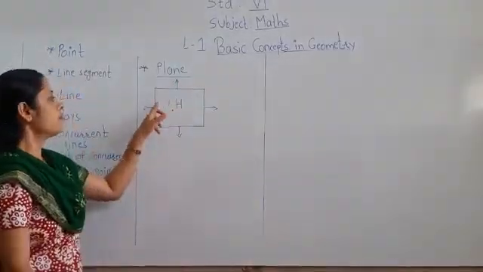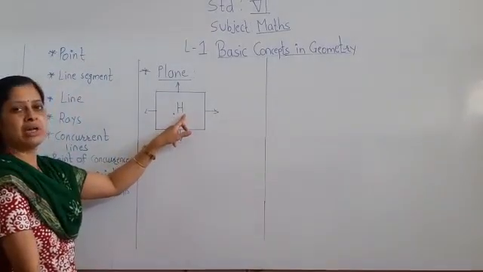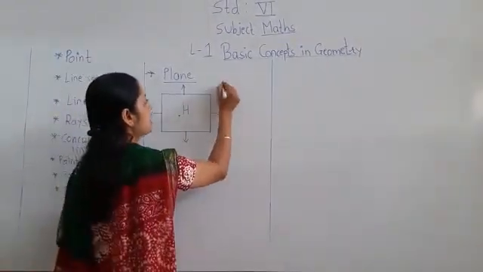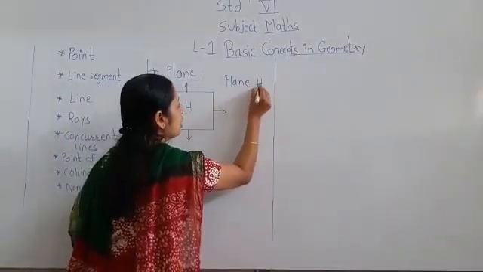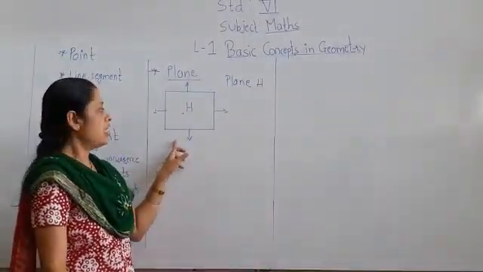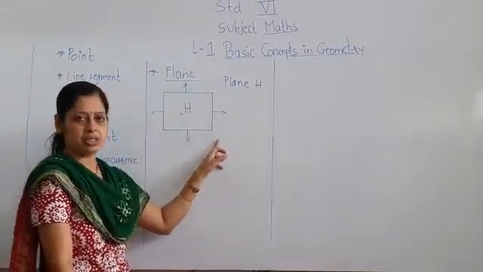This is a plane. It is named by a single capital letter H. So this is plane H. It has 4 arrowheads. It indicates that a plane can extend in all directions.